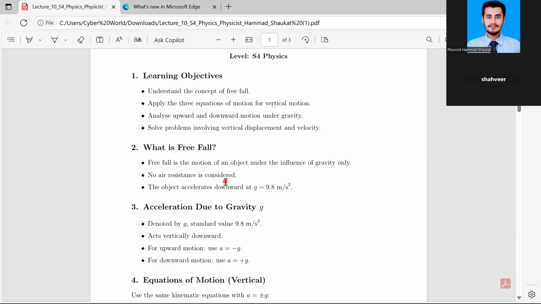So your body is moving downward, and those particles of air also push you upward. So that's why we must ignore anything which is against. We ignore air resistance because air consists of particles, and particles have mass.